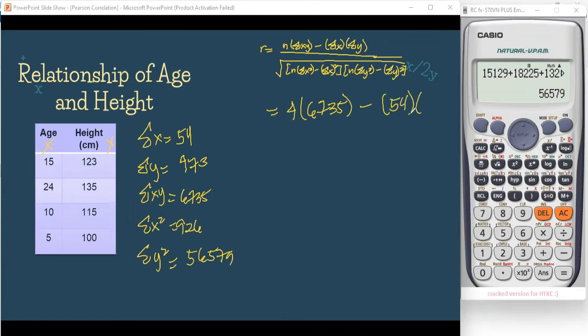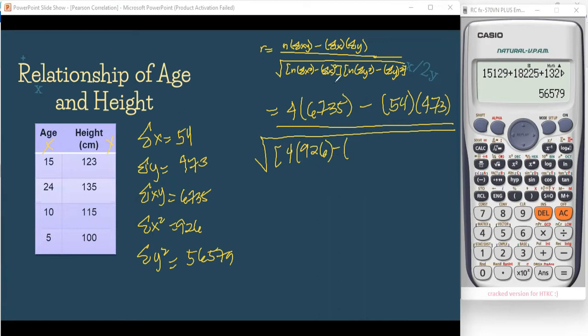Times what is our summation of y? That is 473. Divided by or all over the square root of, so what is our n again? That is 4 times what is our x squared now? That is 926. Minus what is our summation of x? Our summation of x, that is 54 squared.